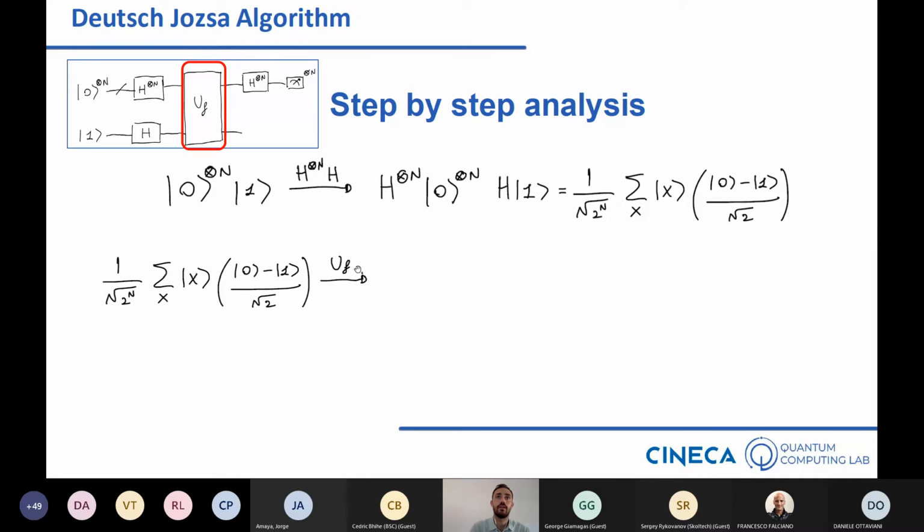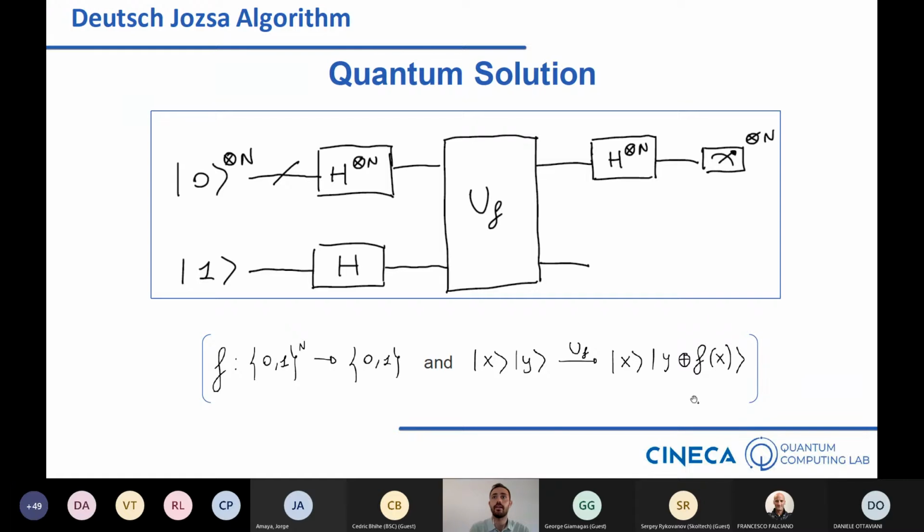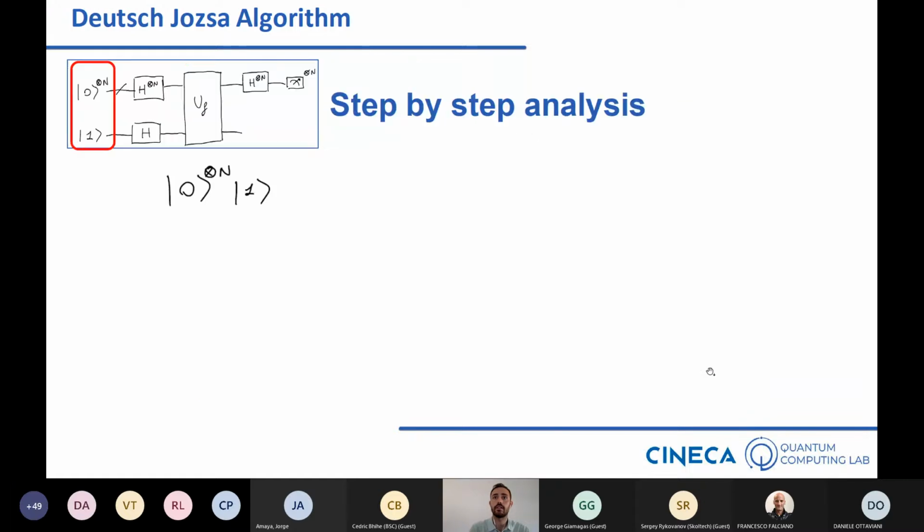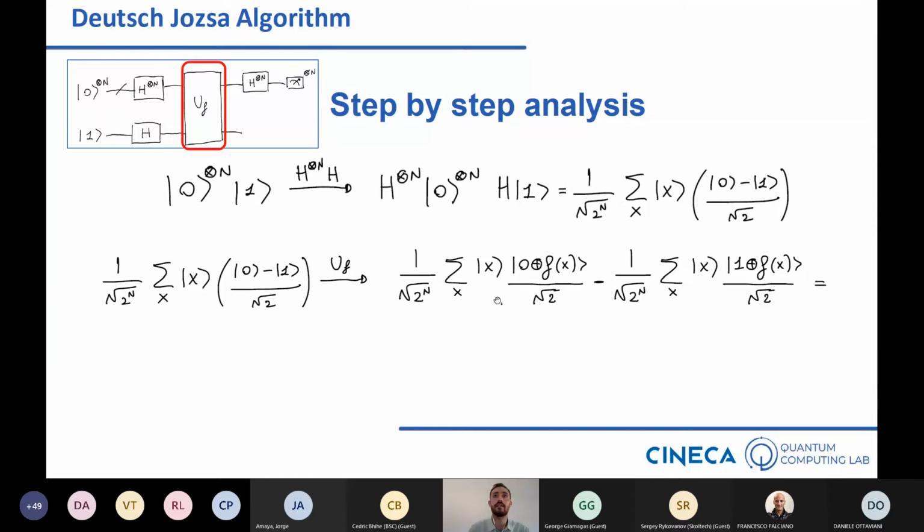U of f is the one defined here. So what does it mean? It means that when you have x0 and you apply U of f, you have x, 0 plus f of x. In this other case, when the second register is in 1, you get x, 1 plus f of x.